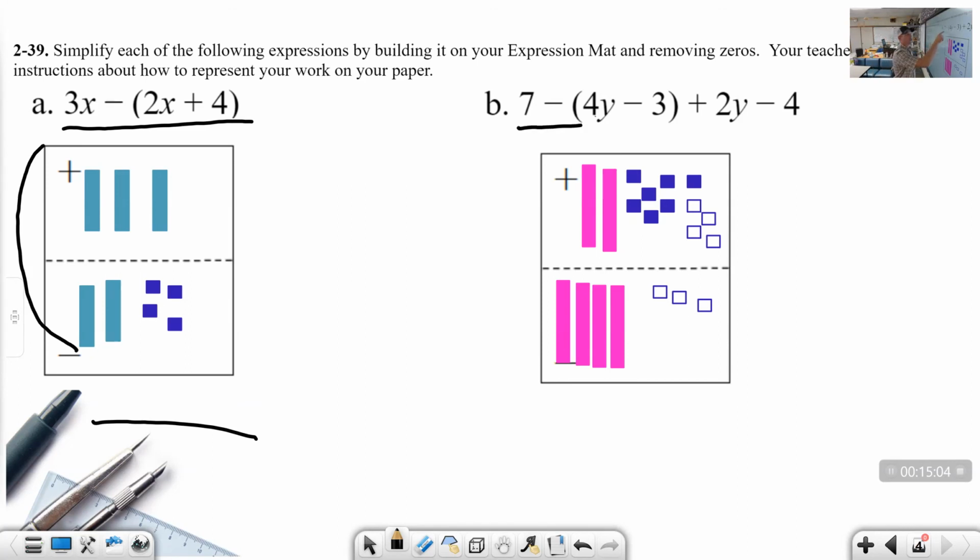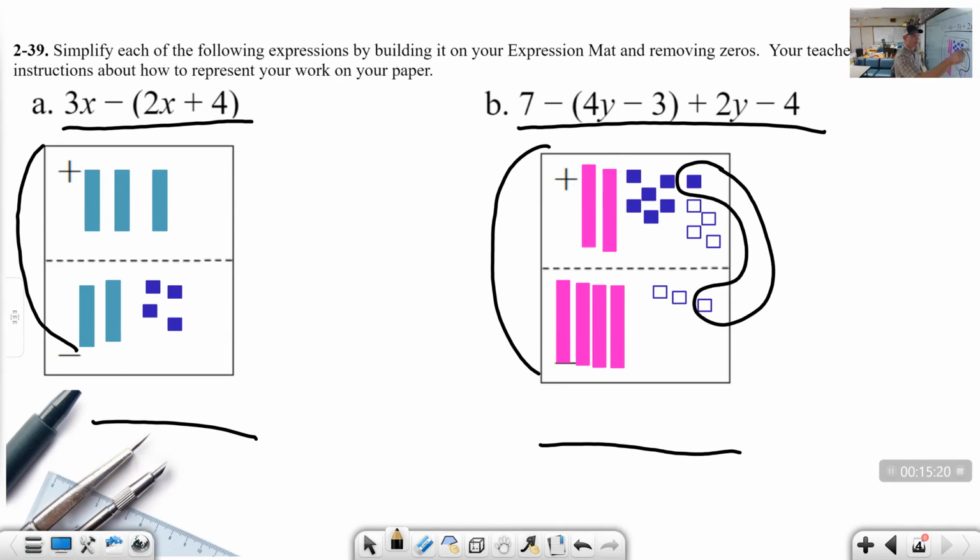Please note, this is not a 0 pair. Because this says 1, this says minus negative 1. That is not a 0 pair. Don't do it. So, write, draw, circle, write it out again.